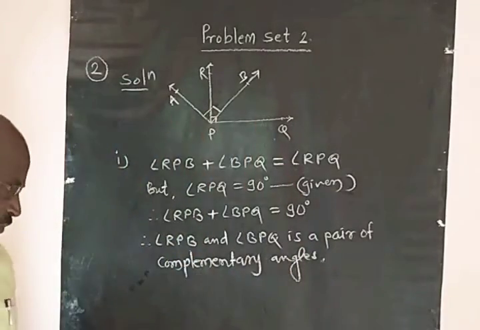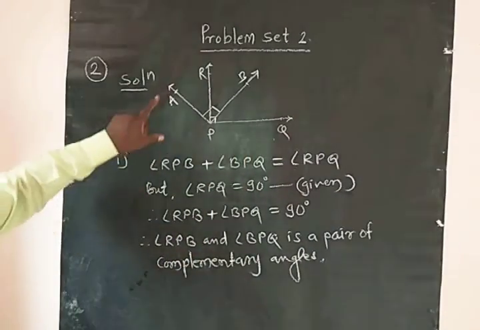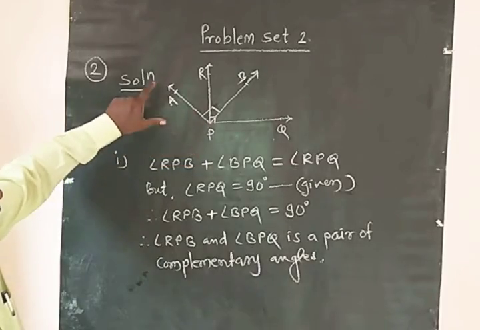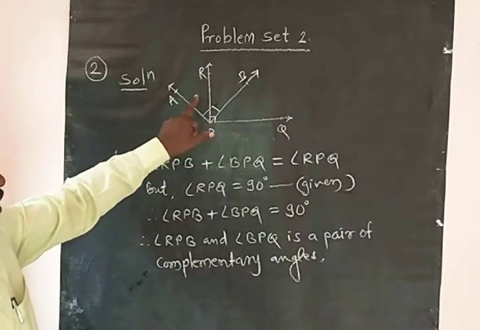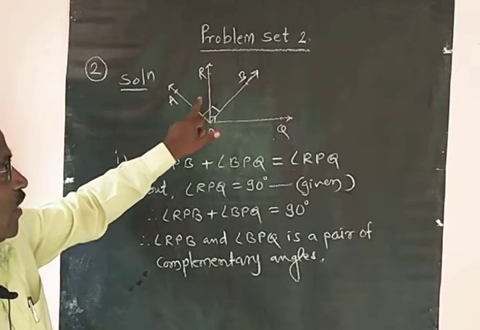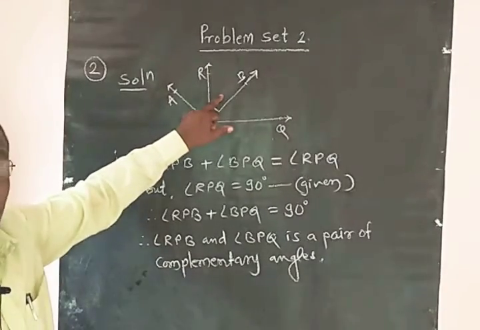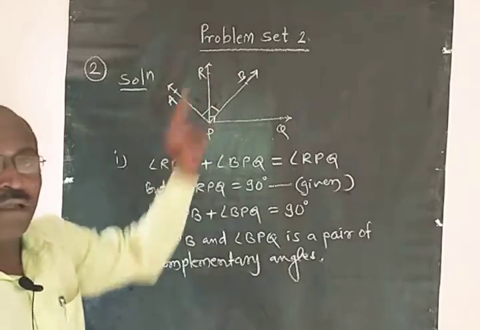Again here ray PA and ray PB are also perpendicular to each other. So the sum of these two angles is angle APB.